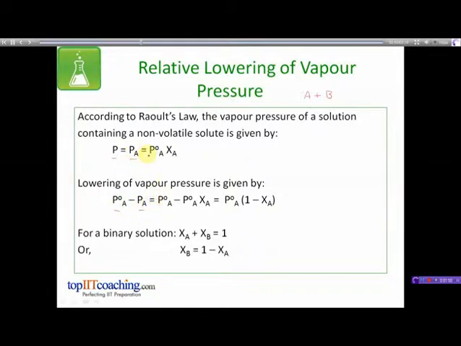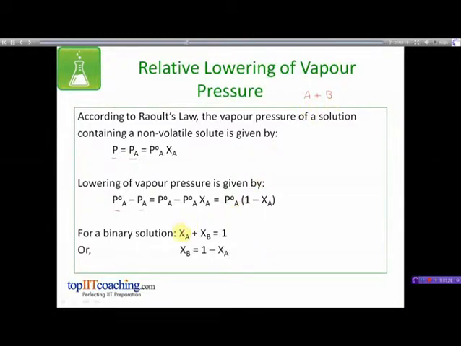So on substituting the value of PA from this equation in this, we get P naught A minus P naught A XA. On taking P naught A as the common quantity outside the bracket, we get P naught A into (1 minus XA). We also know that the sum of the mole fractions of all the components of a solution or a mixture is always equal to 1. So in this case, we are considering a binary solution with A and B as the components.